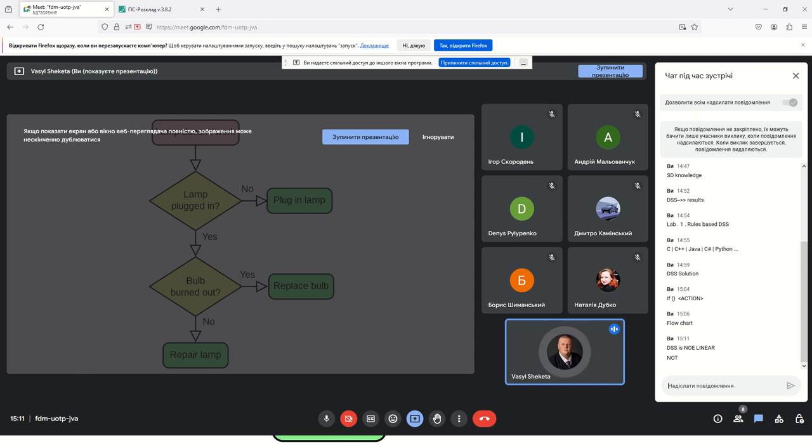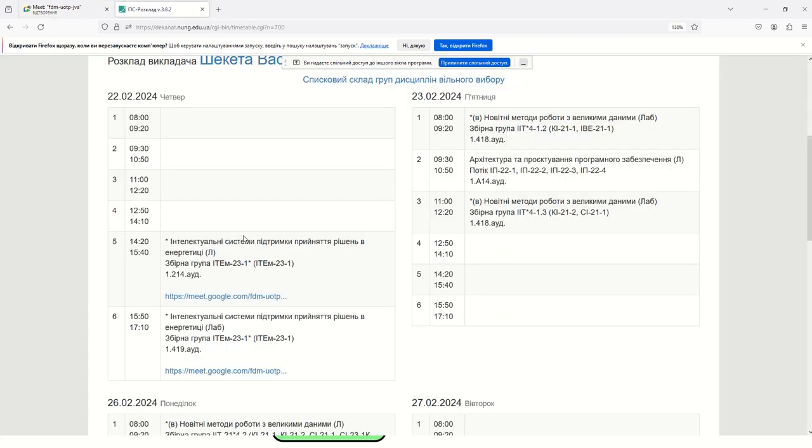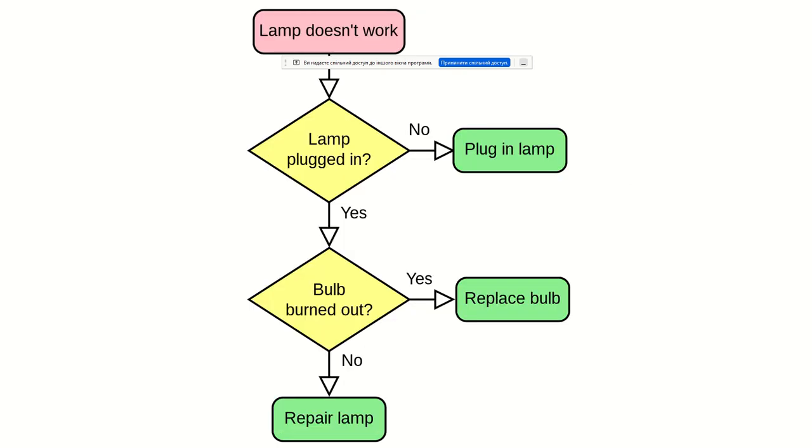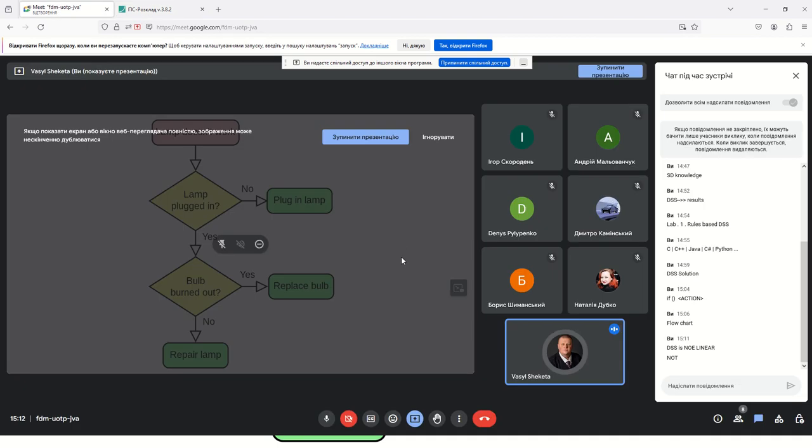And why are we having such complications? In our case, our general case is energetics, namely an intelligible decision support system in the energy sector.